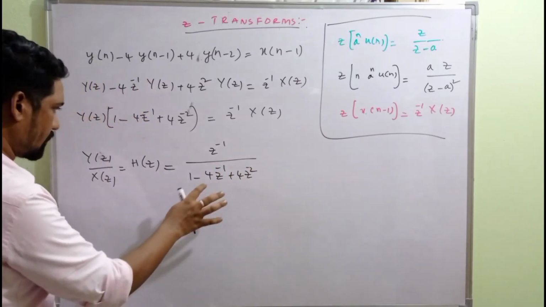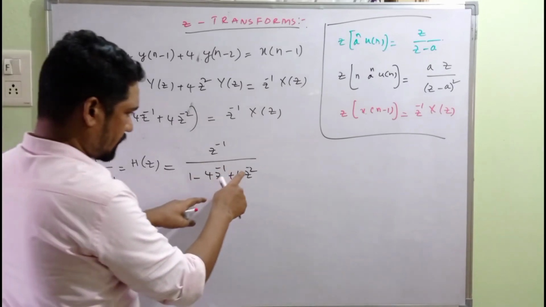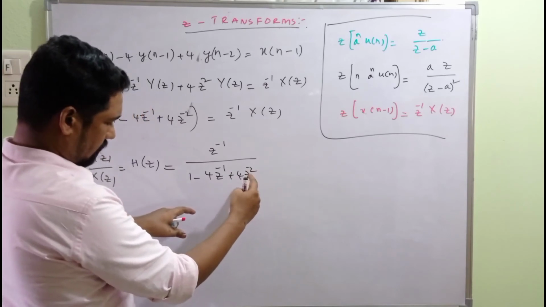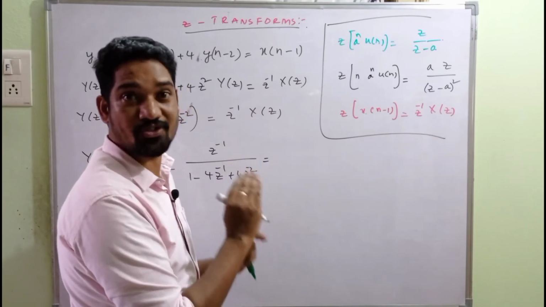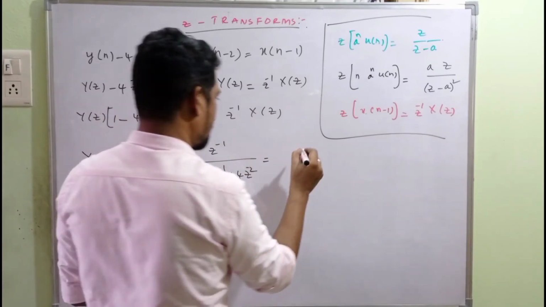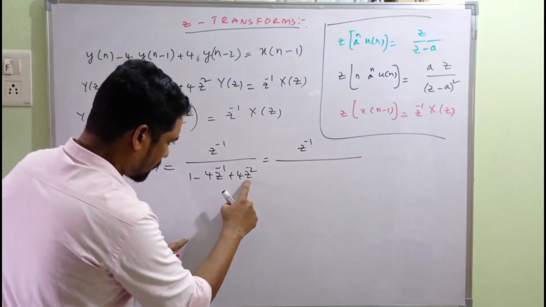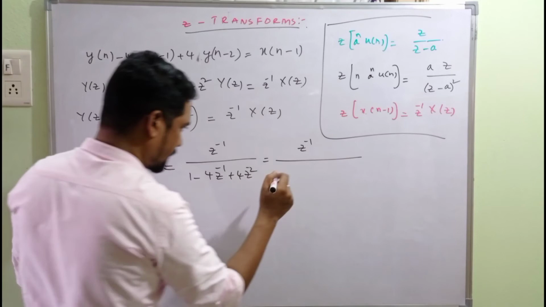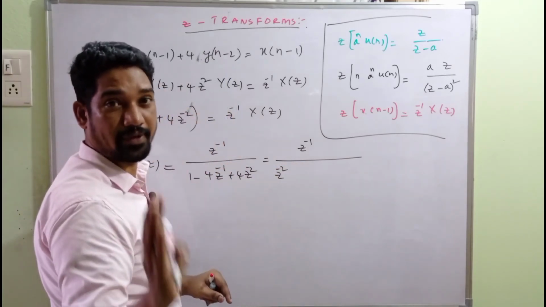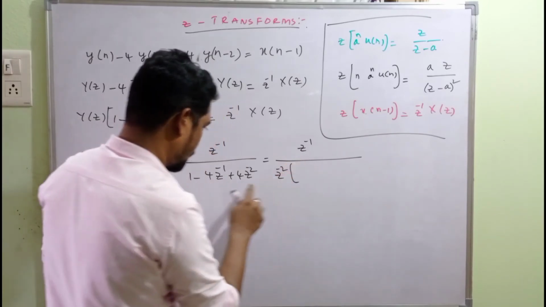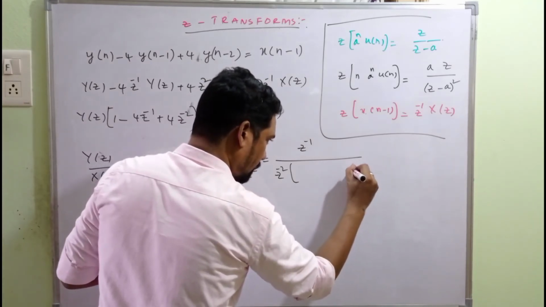Guys, usually a beginner will struggle to factorize if it's in negative powers. So for the beginner, please watch carefully, now it's the game changer: z raised to minus 1 by, here taking out z raised to minus 1 as common from all the terms, z raised to minus 1 has come out, so that we will be left with positive 4.